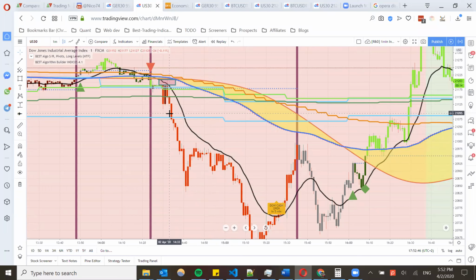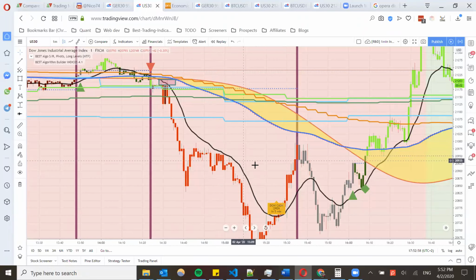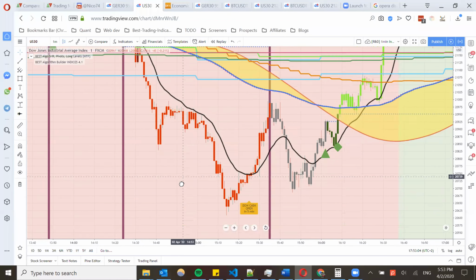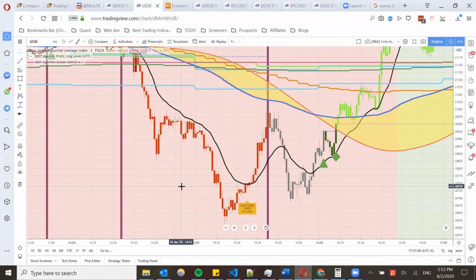So basically, when the move is too fast and you don't have time to take profit, and you see that you are in a short, and the background trend is red, and the next support is far, then yes, you can be more loose with your take profit, because it's a fast move.